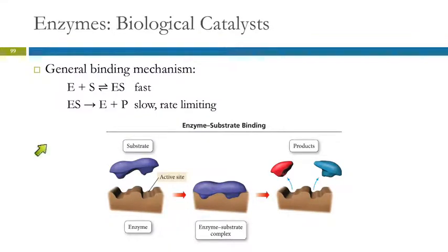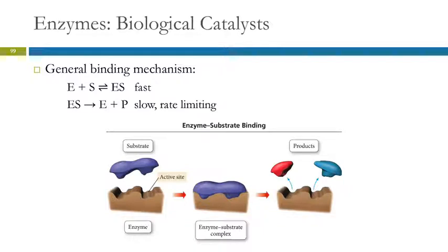So here we have a general mechanism. We have the enzyme plus the substrate, and the substrate is adsorbing or attaching to the enzyme, so we get this enzyme-substrate complex. And that's the fast step. The slow step is where the reaction occurs, where this enzyme-substrate complex, the substrate, is breaking into the two new products.